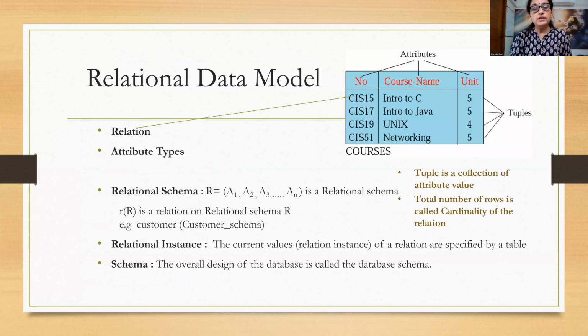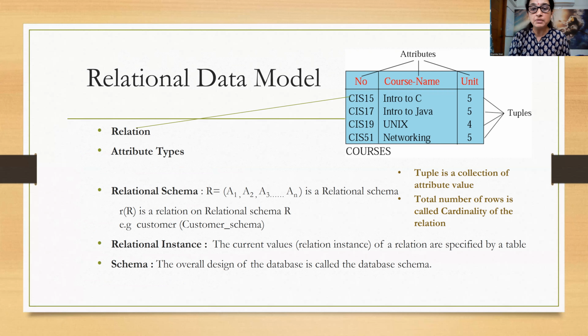Once we are here in the relational data model, we explain to the class this table-like data structure. We explain how, when you are representing something as rows and columns, what the attributes are, what the tuples are, what the relation is, what the types of attributes are, where you have used numbers, where you have used only characters, where you have used a combination of numbers and characters.